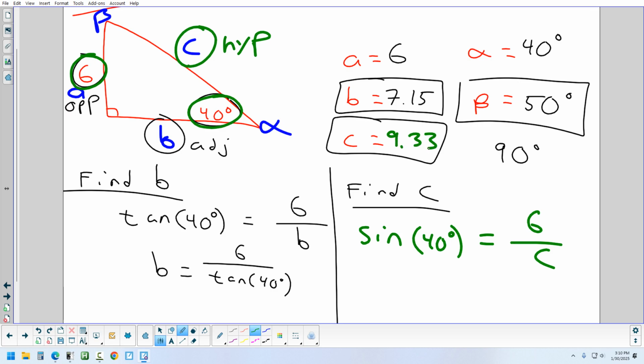Now if you check a squared plus b squared, it should equal c squared. That'd be a good way to check it, but I feel pretty good with what we did there. Okay, any question on that one?